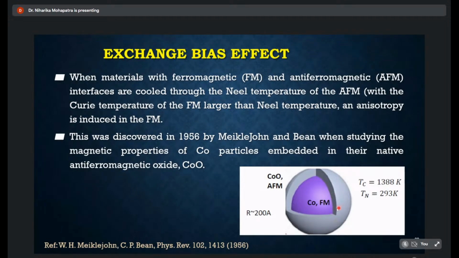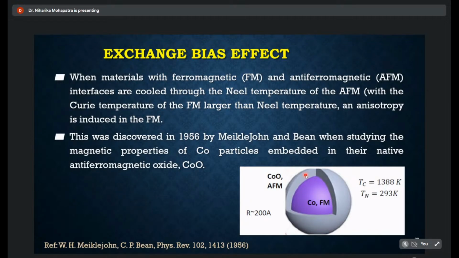If you cool the sample below the Néel temperature of this antiferromagnetic unit, you will find a different kind of anisotropy was introduced in the ferromagnetic system.